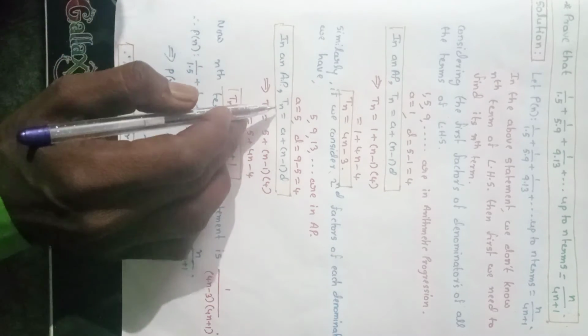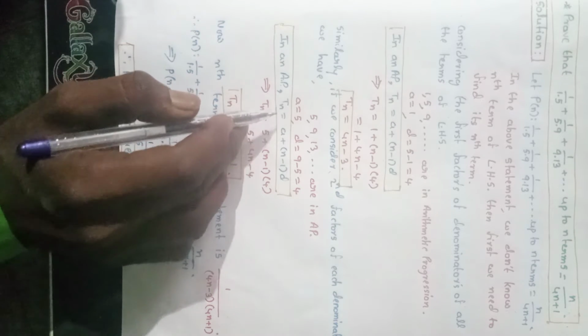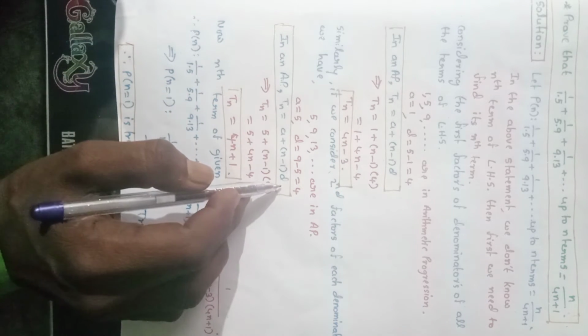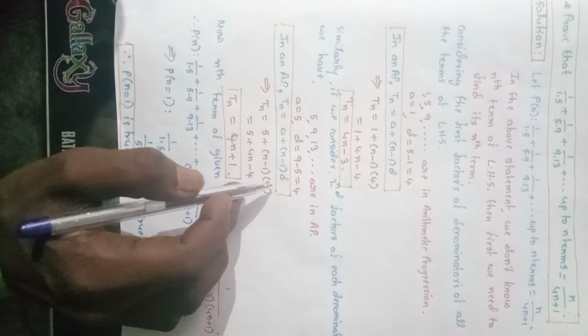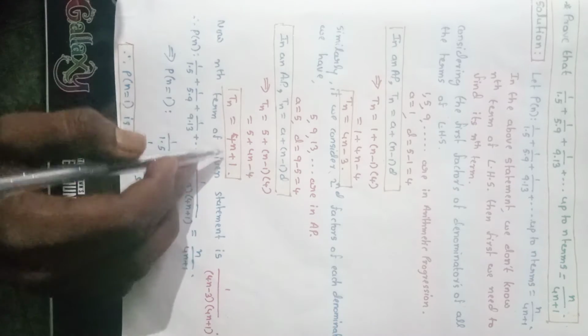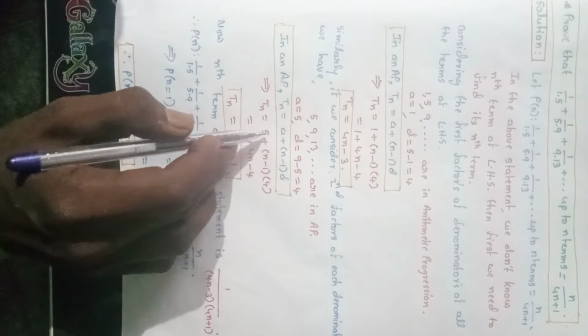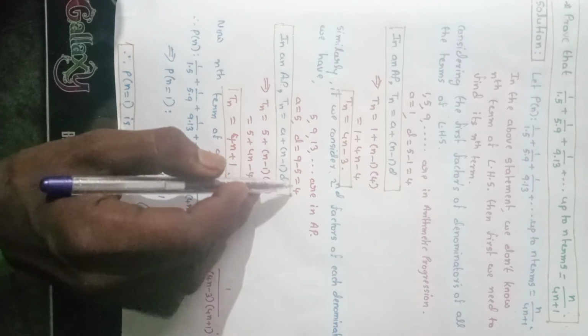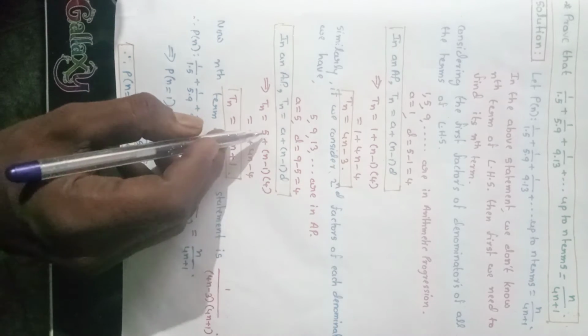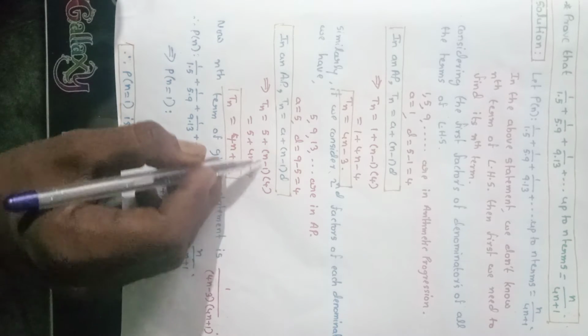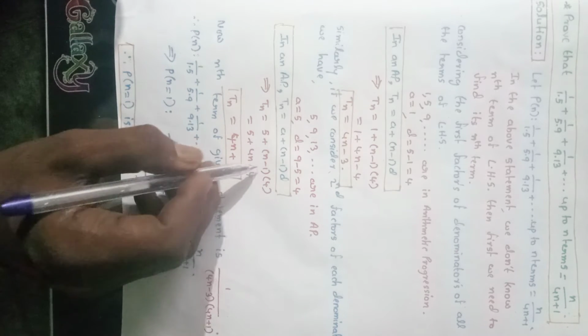Then we use the nth term formula, a plus n minus 1 into d. Substituting the values of a and d: 5 plus n minus 1 into 4, and 5 stays the same, 4 into n is 4n, and 4 into minus 1 is minus 4.